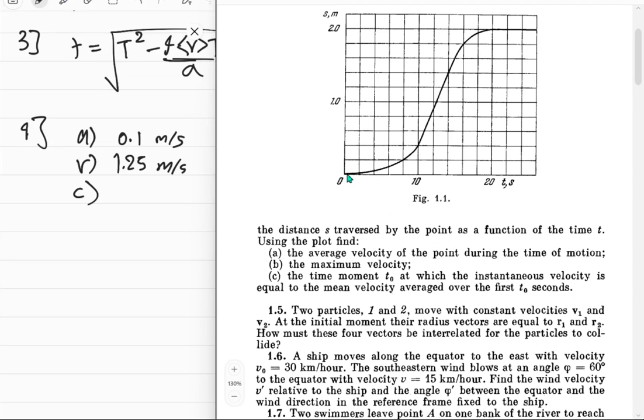So velocity is just the slope of that thing as we change it, right? The average velocity is, of course, the slope of this kind of line. And what we want is the instantaneous velocity should be equal to the mean velocity over the first t naught seconds. So when would that be?